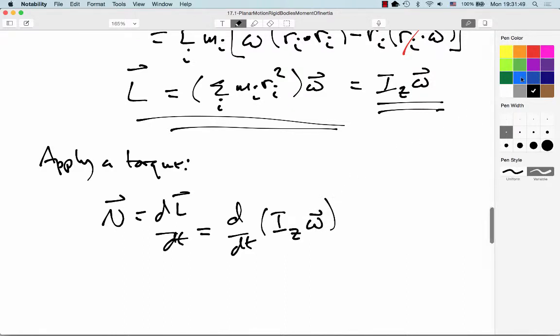Now, if the object is rigid, which is what we're looking at here, we can pull it out. So then we get that it's equal to I alpha.